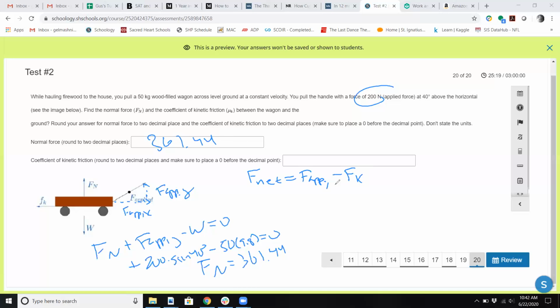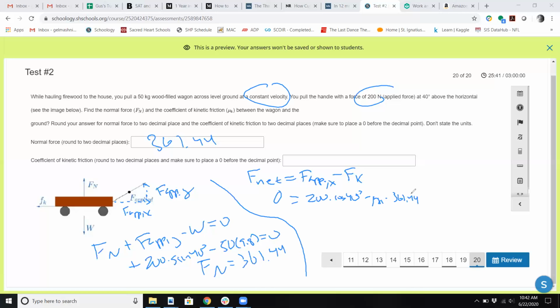As our applied force in X direction, mind you. And that's going to be, hold on a sec here, constant velocity. So that's zero net force. And that's going to be F app, which is 200, times the cosine of 40 degrees, minus mu k, times my normal force, which is 361.44.